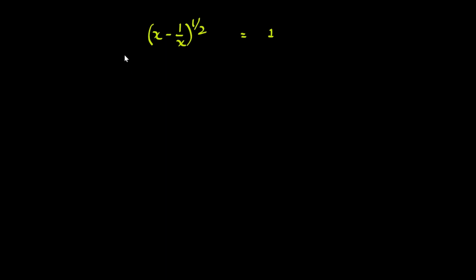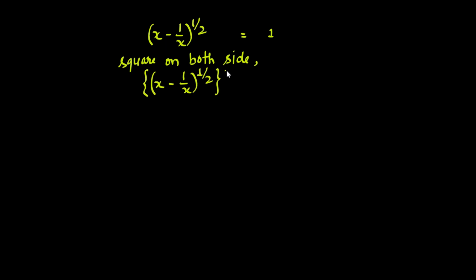Now perform square on both sides. It will be ((x − 1/x)^(1/2))² is equal to 1².